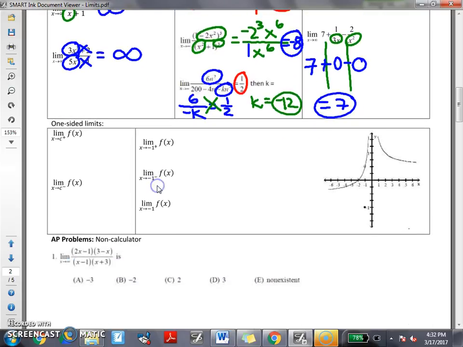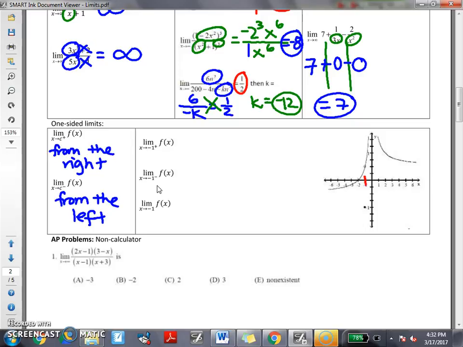Next topic is one-sided limits. If you see a little symbol with the plus as the exponent, that means from the right. When you see a little minus as an exponent, then you're going to say from the left. Okay, a quick example. Looking at this graph, what is the limit as x approaches -1?